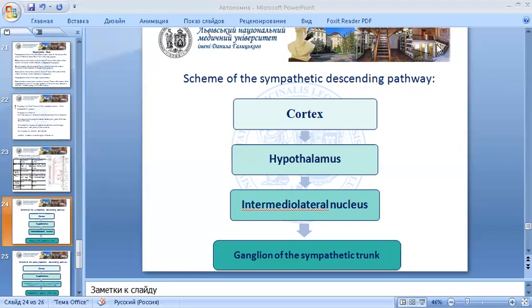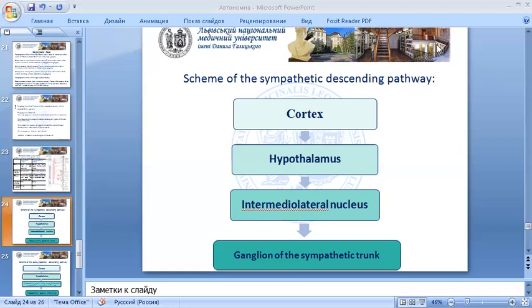Axons of this third neuron, of these intermediolateral interneurons, leave the spinal cord as part of the anterior root. They create spinal nerves, exit as white rami, and terminate in sympathetic ganglia, either ganglia of the sympathetic trunk or prevertebral ganglia.